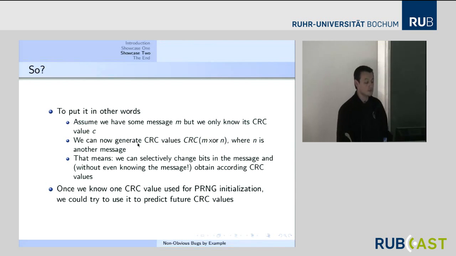That's interesting, because that we could actually use to take an influence on the CRC values that the random number generator uses. So if we manage to obtain one of those CRC values, then we might be able to predict further ones and to obtain the CRC values by using this addition trick here. So that's the basic idea.